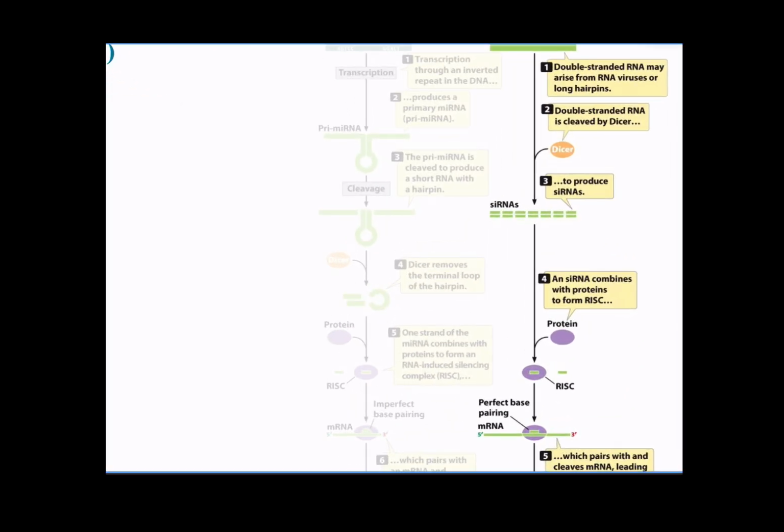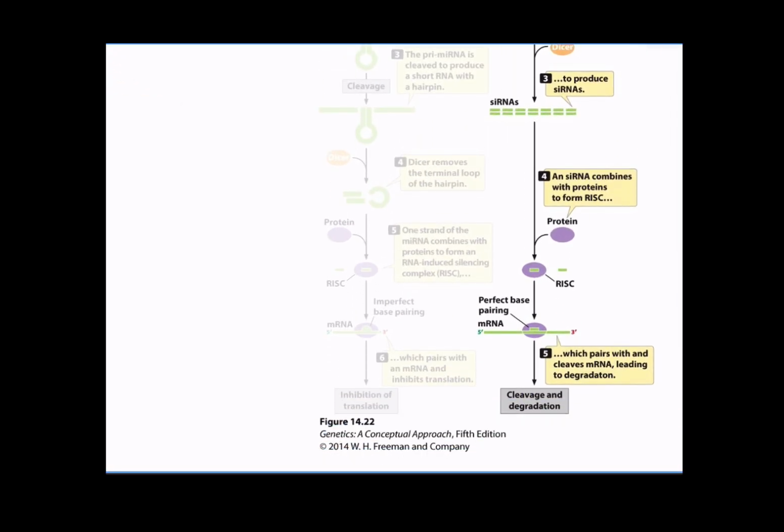siRNA inhibition is very similar. I have them here side by side so that you can compare later, except that the base pairing of siRNAs is perfect to their target sequence. Right? And when the base pairing of the siRNA is perfect to the target mRNA, RISC will not just inhibit translation.